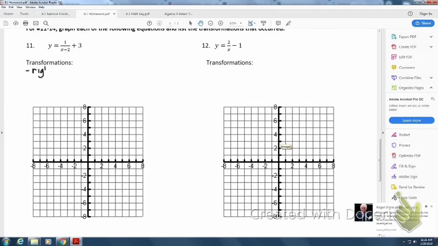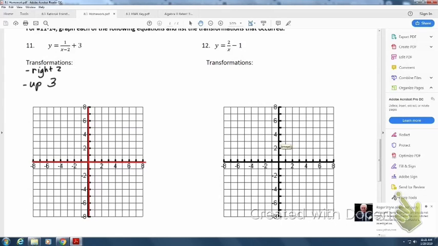Right 2 and up 3. Okay, so whenever we wrote down what the C and the D value do, the C value moves the vertical asymptote, the D value moves the horizontal asymptote. Those two are always going to start where they are on the parent function, which is right there and there.